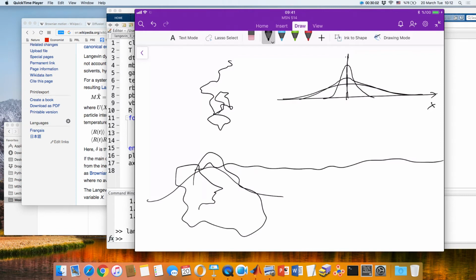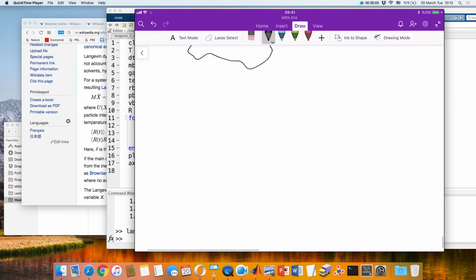And in fact, if you calculate r squared, probability of r squared with respect to time, you will find it to go with 2 times diffusion constant times time. Okay? So the radius, the distance that the particle will most probably travel, goes with square root of time. Okay? Are you with me still?